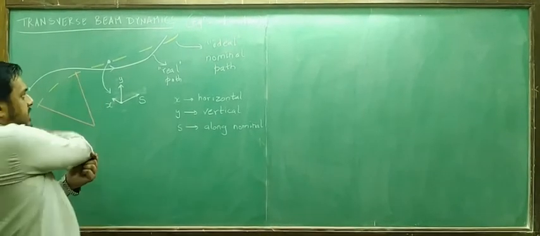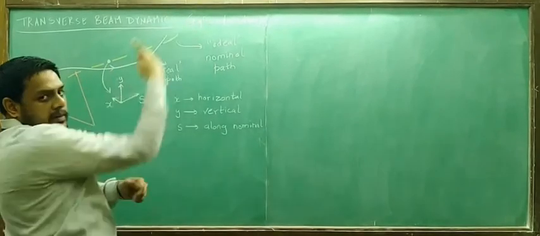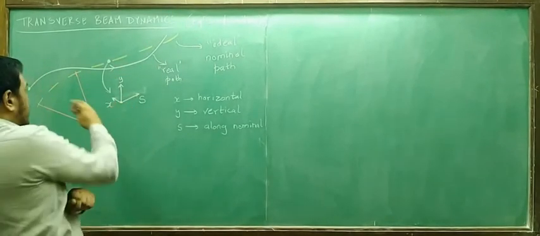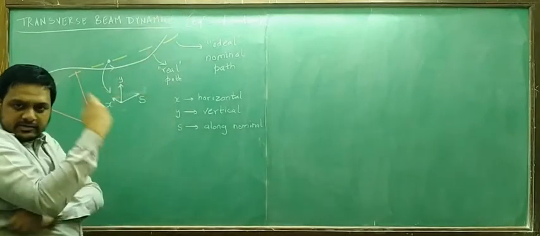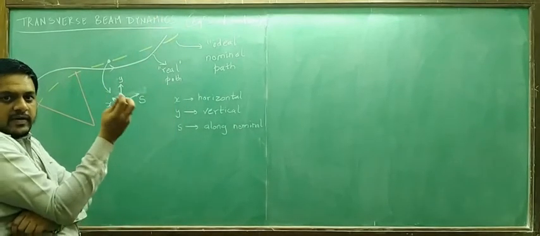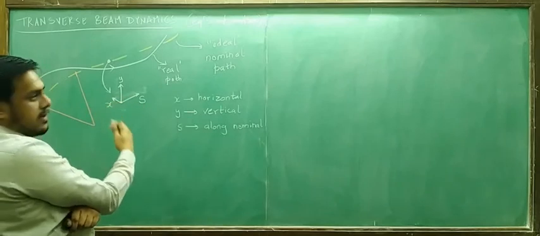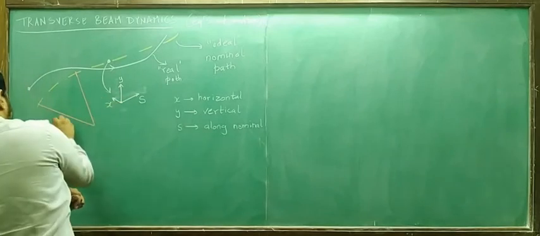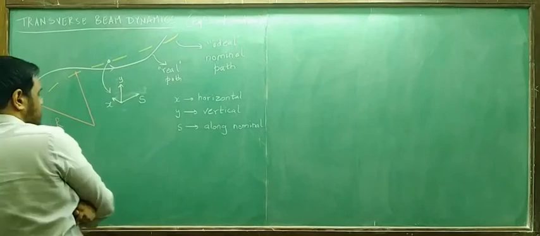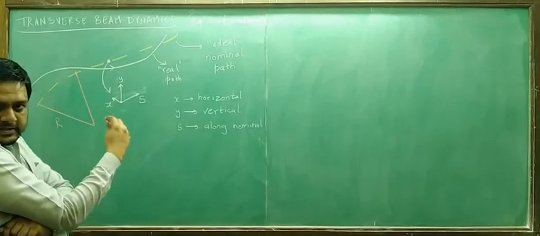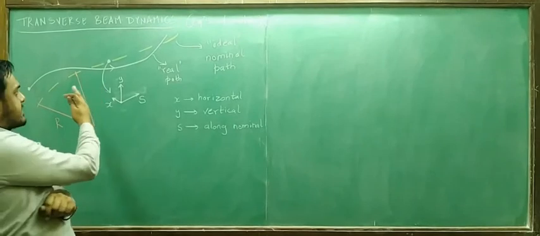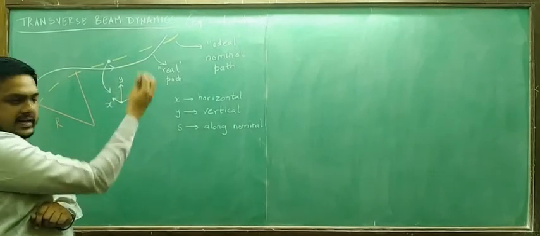If you take a very long one, obviously this whole curve does not appear to be the arc of a circle, but you can divide it up into one arc, straight line, another arc, and so on. So one can define locally at a given point in the accelerator a local bending radius for a particular section. The next section will have a different value of bending radius, and so on.